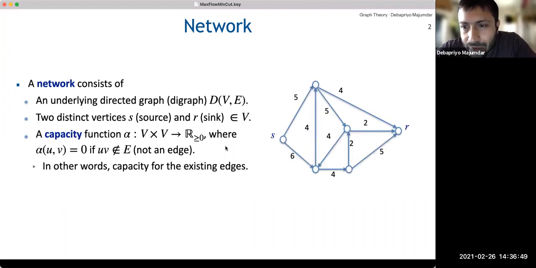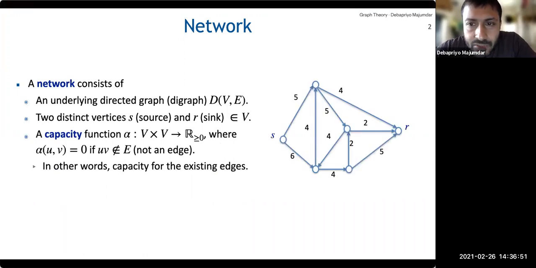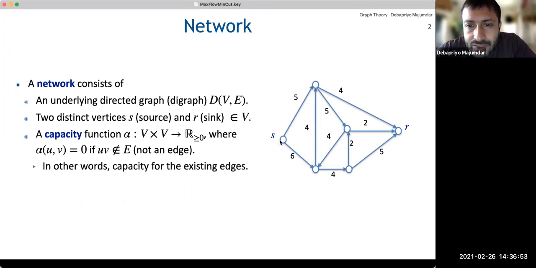So this is a picture of a network. Here we say this is a source, this is a sink. In this picture, obviously, we have drawn it in the following way, that from the source, flow only goes outwards. So it flows from the source and it only goes into the sink. So there is no edge from any other vertex into the source, or no edge from the sink to some other vertex.